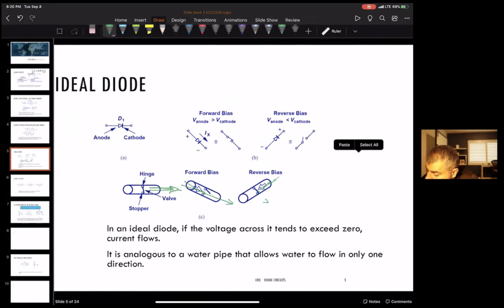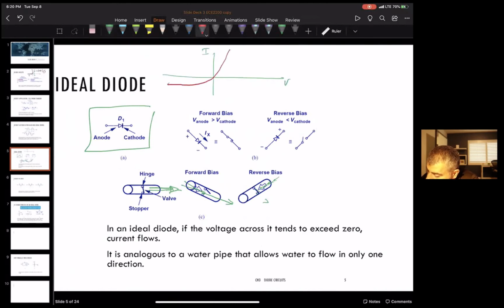So again, if you looked at this, as we said, if it was a real device, a real diode, it would do something like this. But to make life simpler for circuit analysis, we're basically pretending like it does this. And this is a good model for a lot of hand calculations just to get a feel for something.